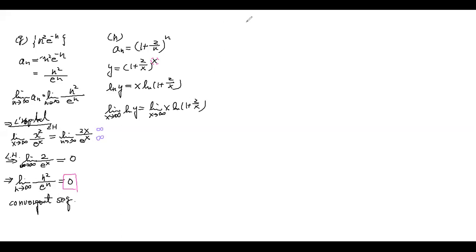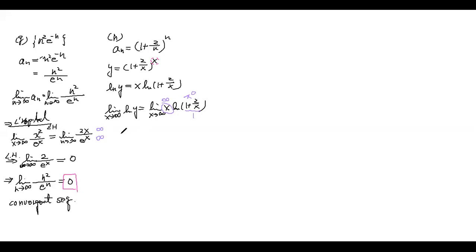When you put x to infinity, this number goes to infinity, and this number goes to 1. The natural log of 1 goes to 0. So you have a term 0 times infinity, and I don't know what 0 times infinity is.